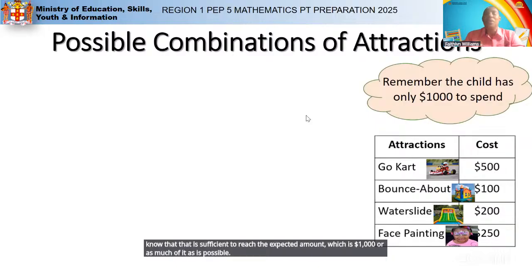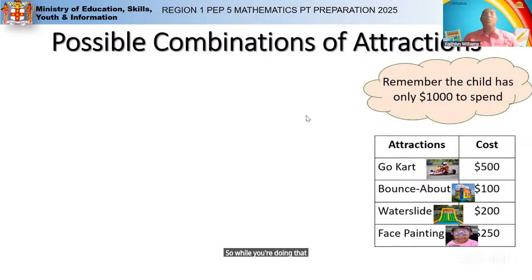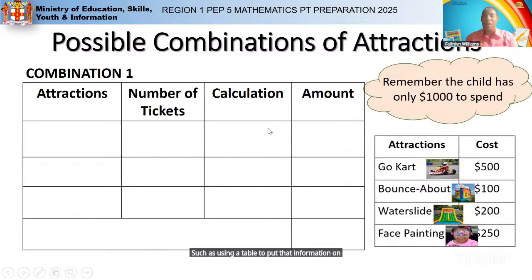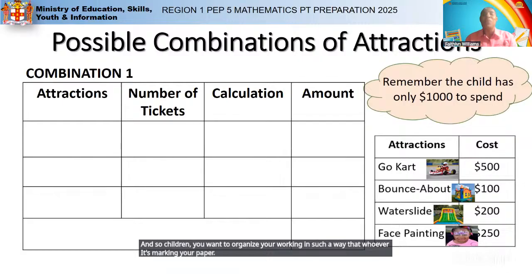While you're doing that, we thought that a strategy such as using a table to put that information on would be very good. Children, you want to organize your working in such a way that whoever is marking your paper understands clearly what is given.